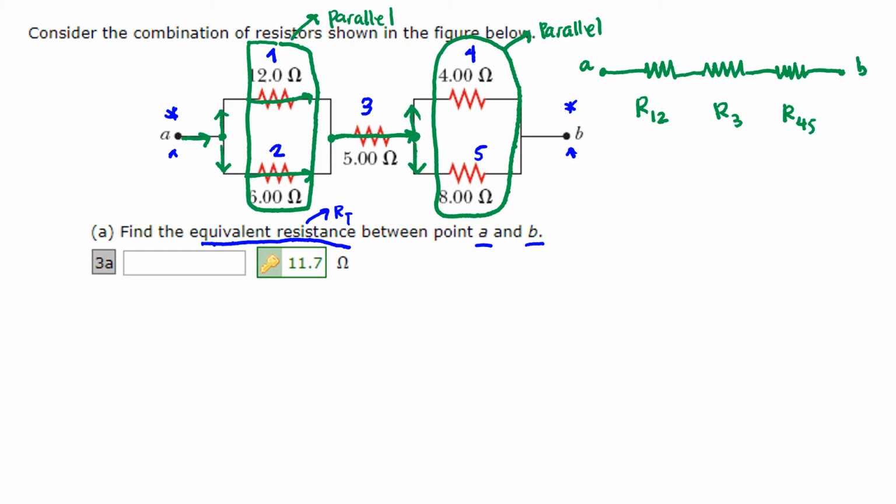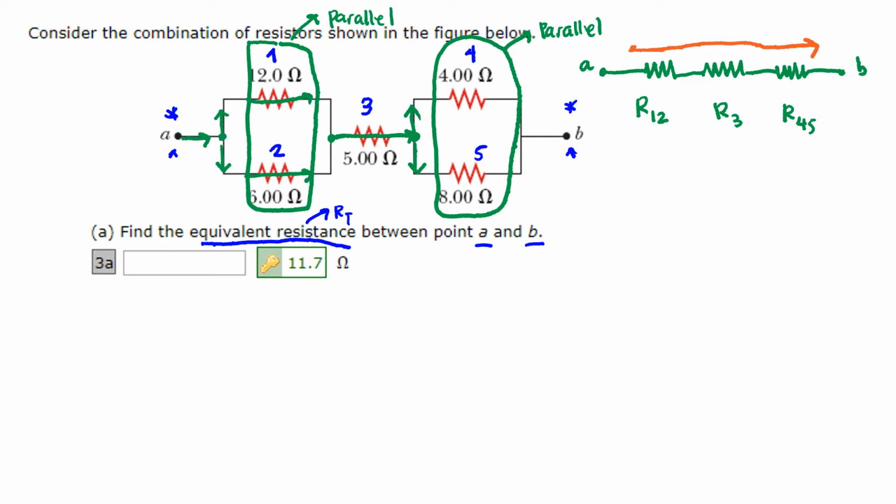Now at this point, it would be so easy to determine that R12, R3, and R45 are all connected in series because, as you can see, charges can easily flow from A to B with only one path.